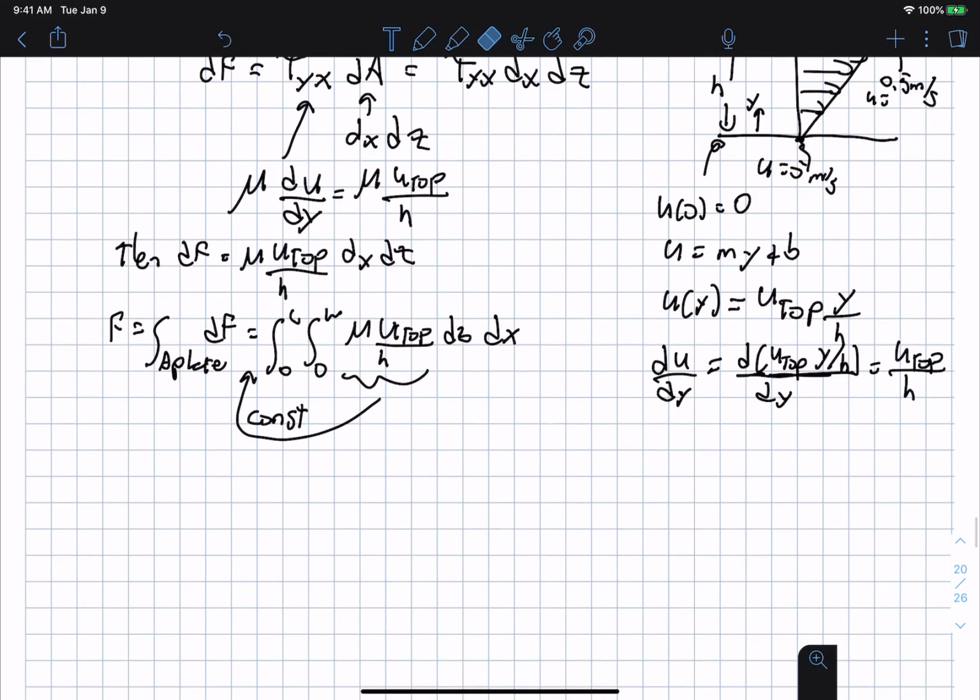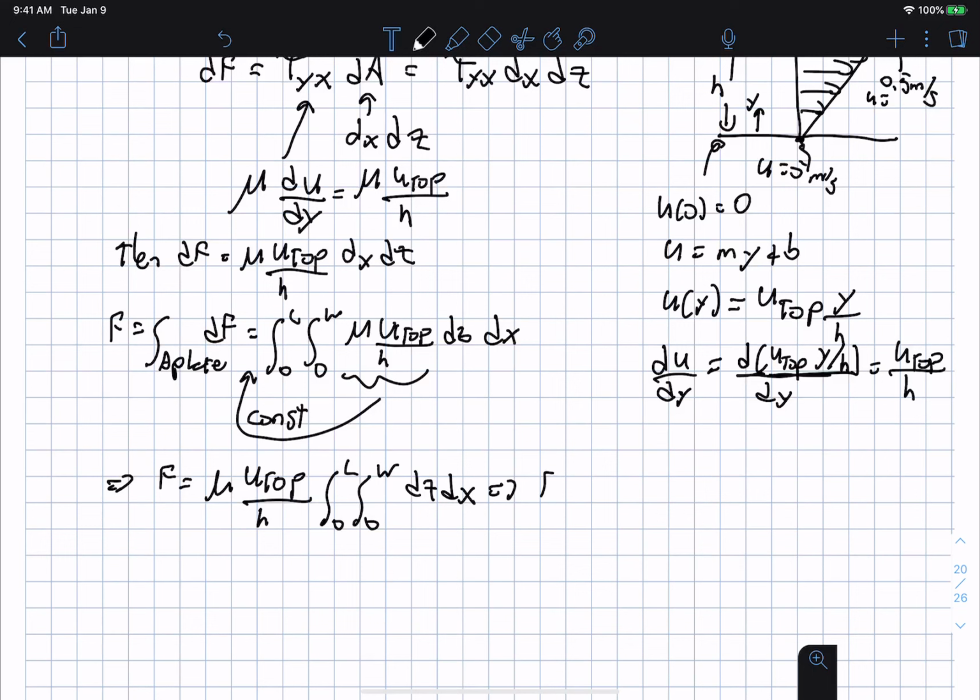So F equals mu times the velocity of the top plate divided by h times the double integral from 0 to L and from 0 to W of dz dx. Well, this is a pretty simple integral. This implies that F equals mu times u_top over h times L W.